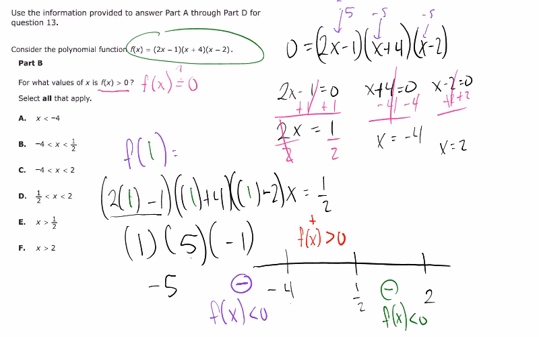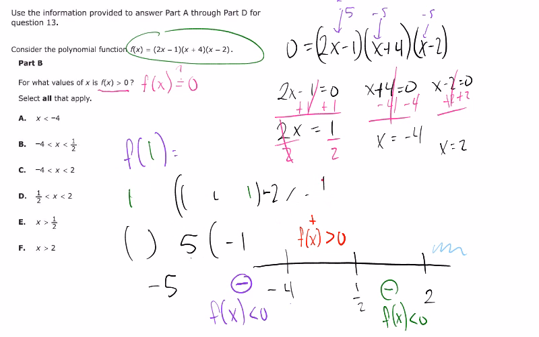Alright, so now we have one more interval. Over here we just want anything bigger than 2, so we can plug in 10, we can plug in 5, plug in 3. I'm going to go with 3, so I'm just going to do the same thing we did before, except this time, instead of 1, I'm going to plug in 3.